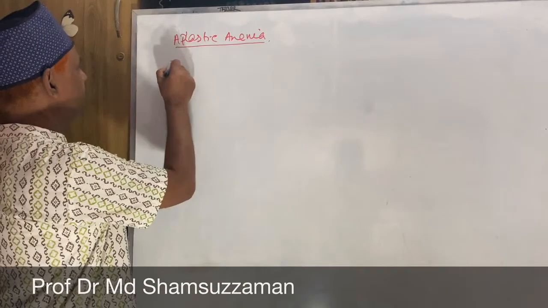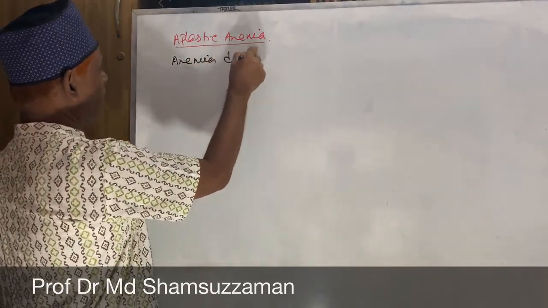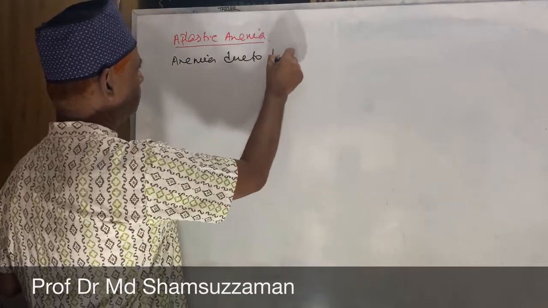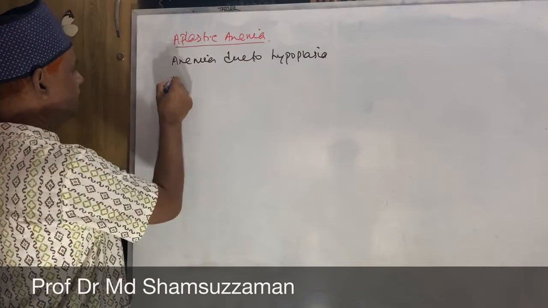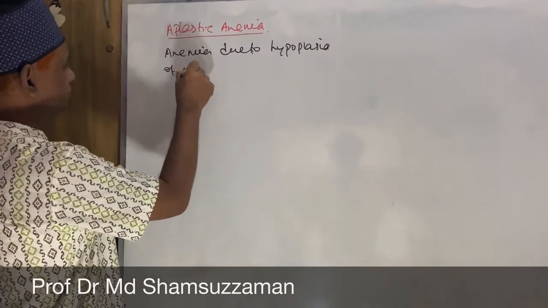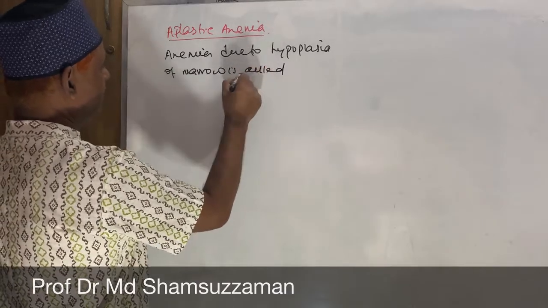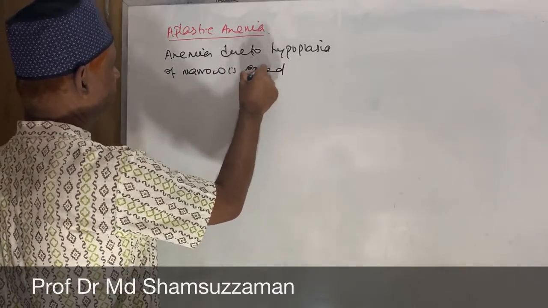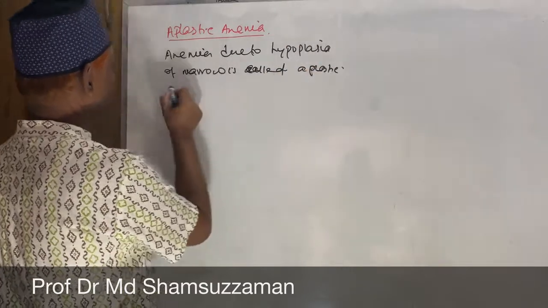Definition: anemia due to hypoplasia of marrow is called aplastic anemia.